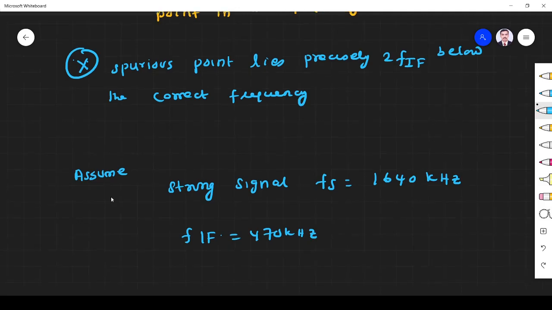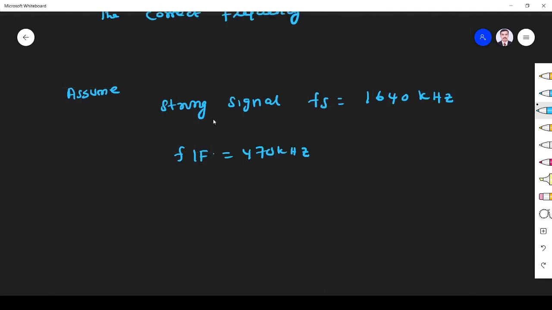So if the station frequency is 1640 kilohertz and the intermediate frequency is 470 kilohertz, what should be the local oscillator frequency? We studied this in the superheterodyne receiver video, so please refer to that. It is given by Fs plus FIF, that is 2110 kilohertz. It is for high side tuning.